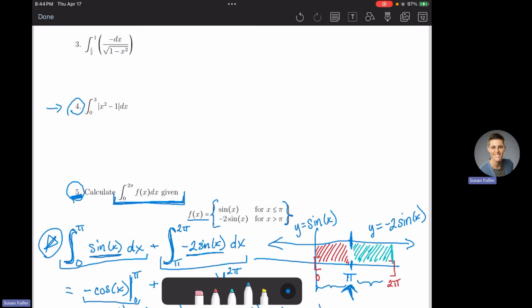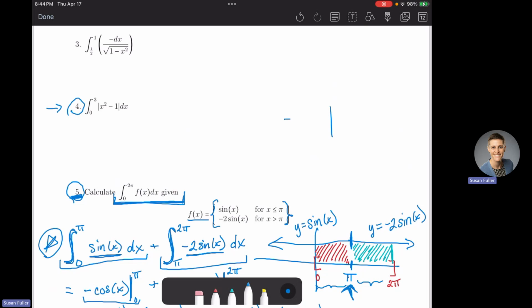So we have to figure out how to manually make area positive by writing integrals without an absolute value in them. In order to figure this out, I have to figure out where this function has positive area, where my function is above the x-axis, and where this function has negative area, where it is below the x-axis.